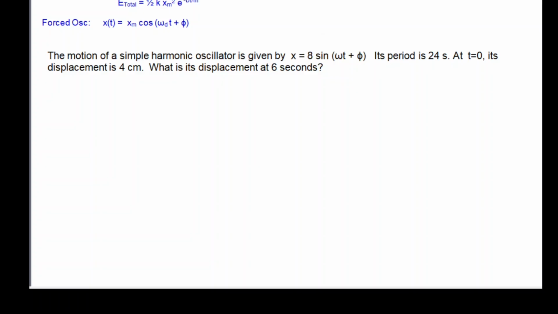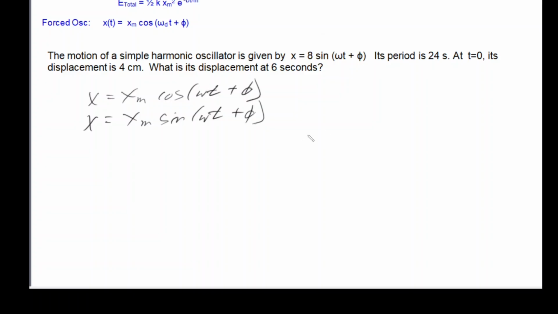Let's do some problems in simple harmonic motion. But this first problem brings up a couple things I'd like to discuss a bit further. The first is the use of the sine versus the cosine equation for simple harmonic motion. So we've been using x equals xm cosine omega t plus phi. We can also use x equals xm sine omega t plus phi. Either equation works and gives you the same answer.